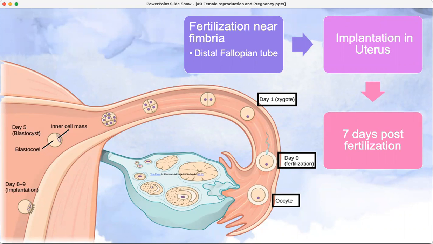And if sperm is available, that on day 0 is fertilization right here at the distal end of the fallopian tubes. And then it turns into a zygote right at day 1. And remember, it's the zygote that is excreting beta HCG. So the implantation is going to occur 7 days after fertilization.